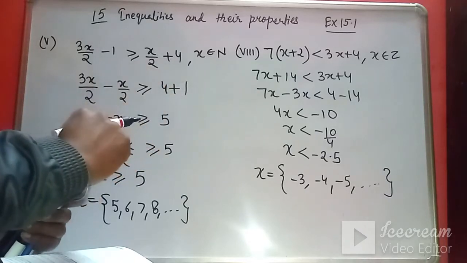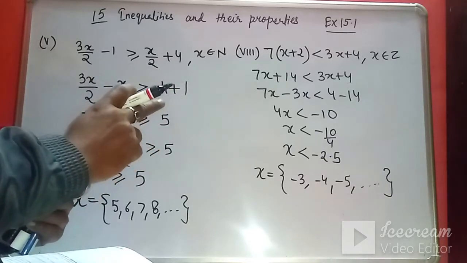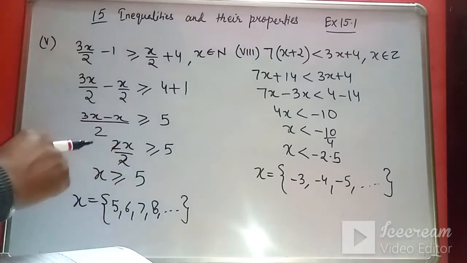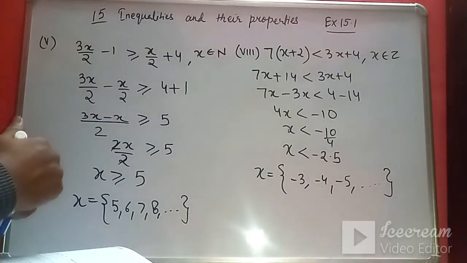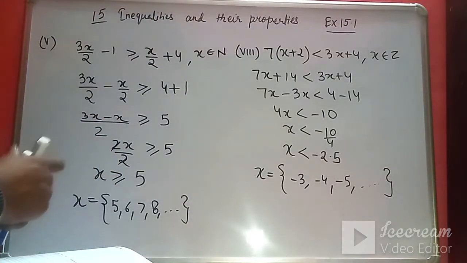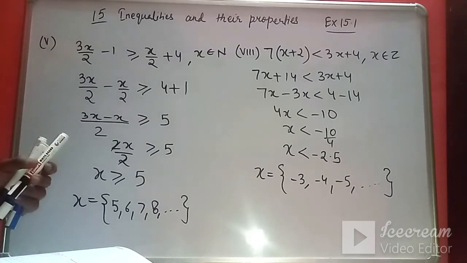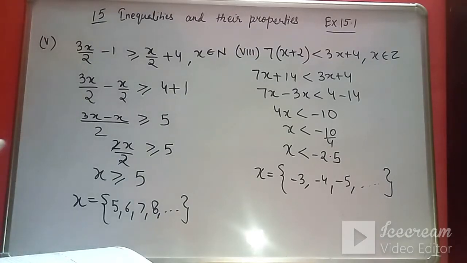Don't take minus 2 because minus 2 will be greater than minus 2.5. Okay, note these solutions.